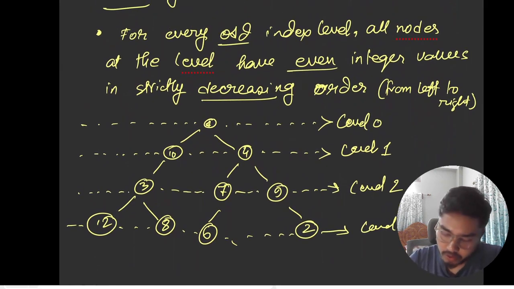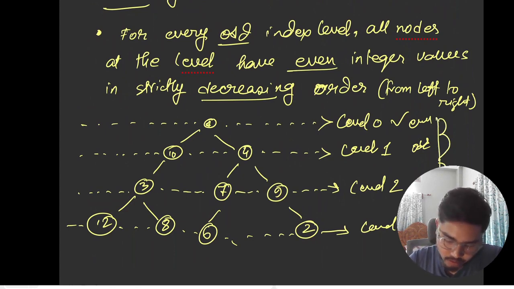We see the root node will always have level 0, meaning even, then it will have odd, then even, then odd. So it toggles between even and odd, starting from even. So we can use a flag to determine the level. For a particular even level, the node should be odd.